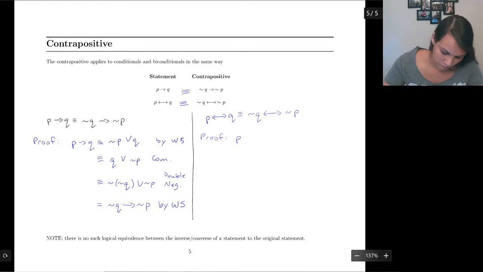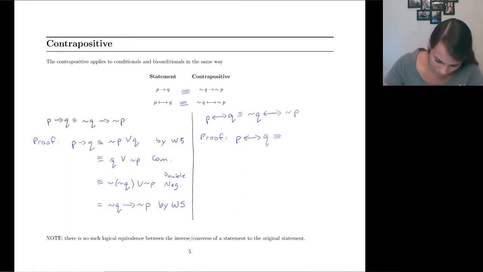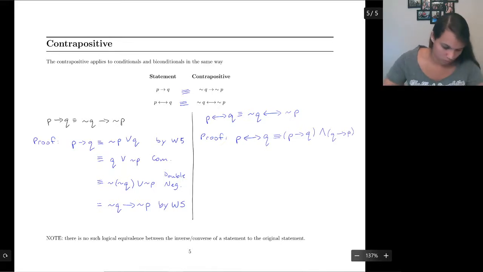So we start with P implies Q if and only if, and then again we're going to use something from the worksheet that you haven't proven yet, but you will. So that's by the worksheet.